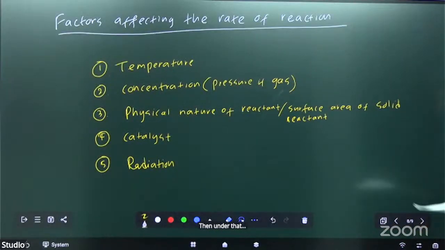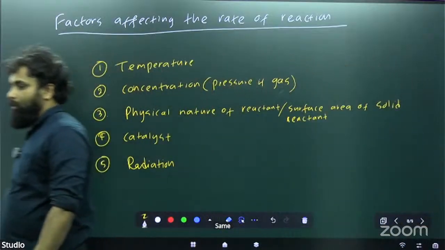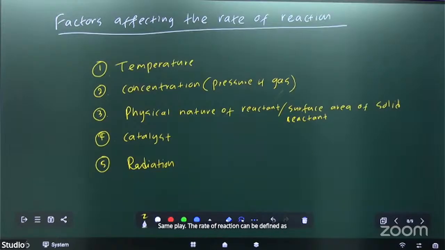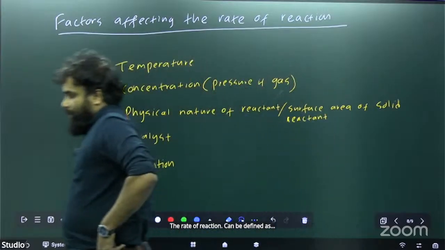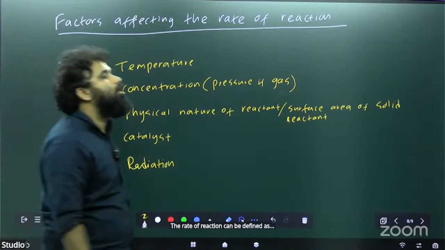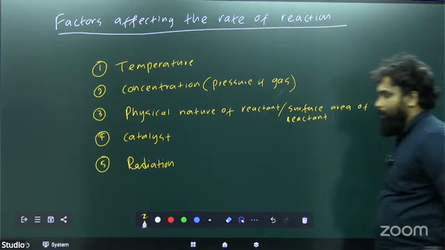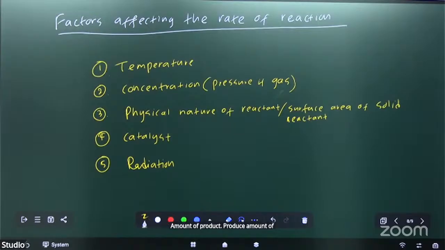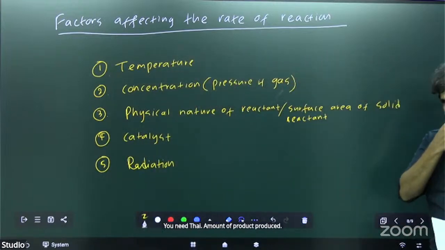Then under that, write down: the rate of reaction can be defined simply as the amount of product produced per unit time.